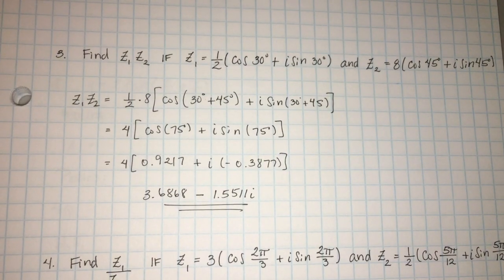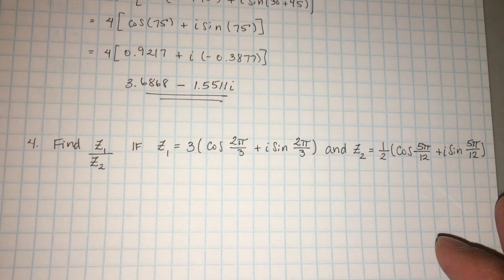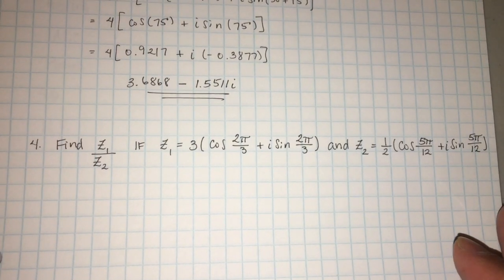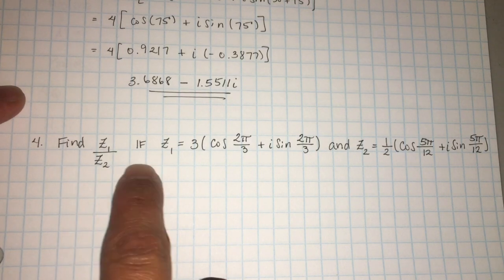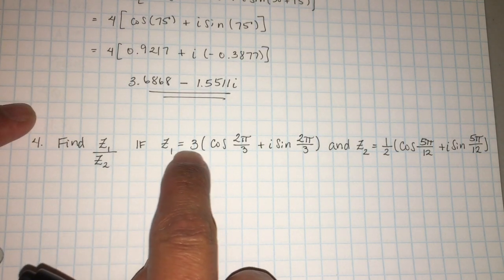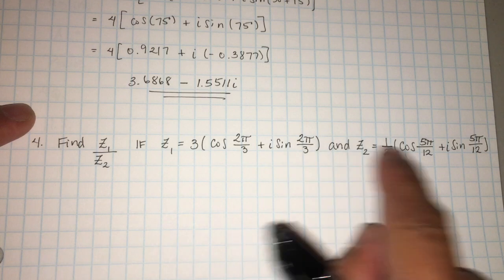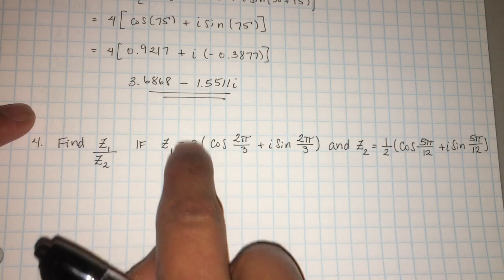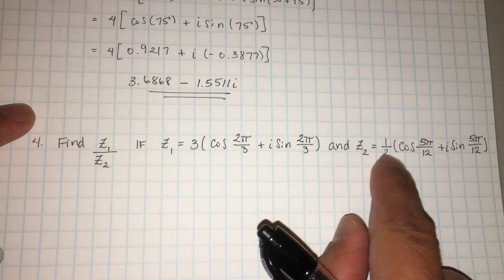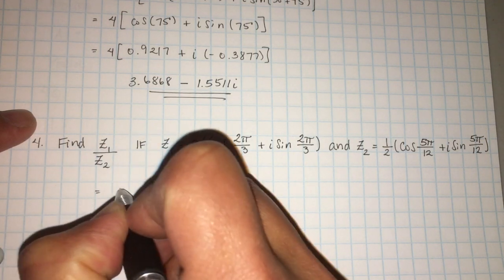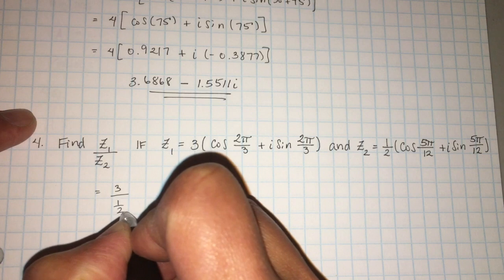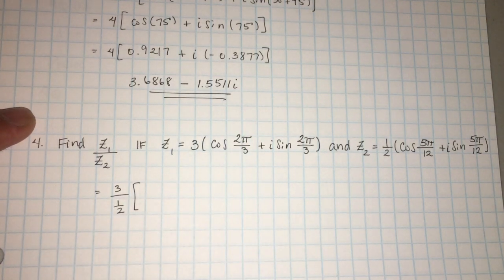Okay, guys, let's go ahead and do one more. So it looked kind of difficult, but not really. So now we're dividing again. Remember, we're going to subtract the angles. Now remember, we're going to divide these guys, the moduli, 3 divided by 1/2, which is the same thing as 3 times 2.